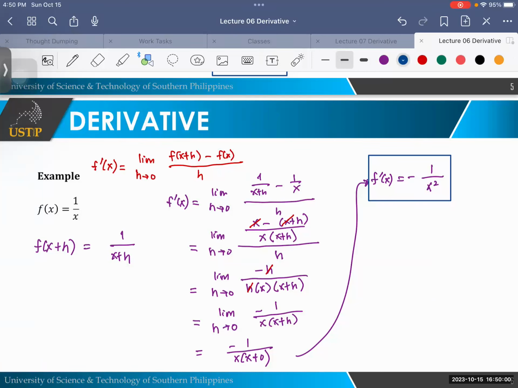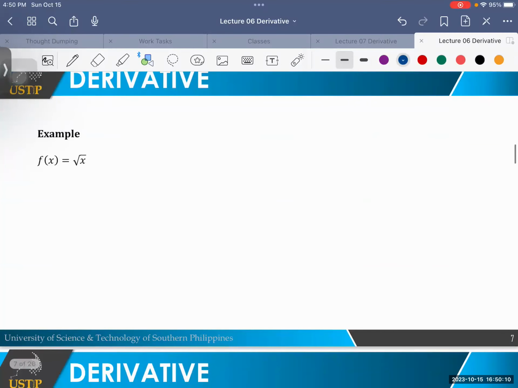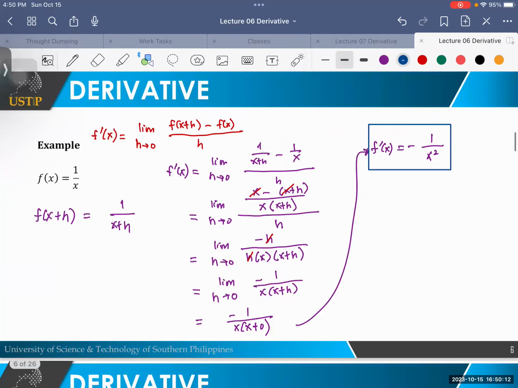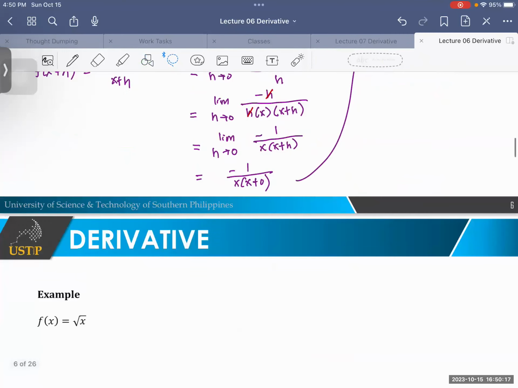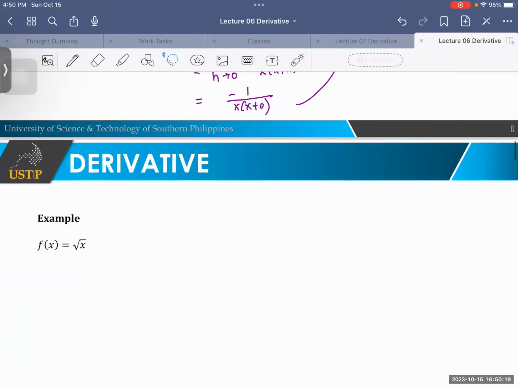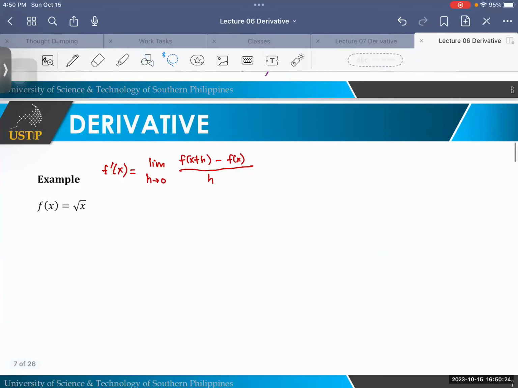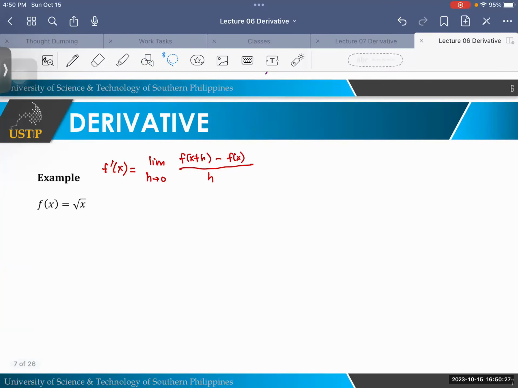Now let's go to the second to last example for limits before I introduce to you the shortcut in solving derivatives. Let f of x be equal to square root of x. You have to know how to solve this using limits because I will include this in the exam. How do you get the derivative using the limit definition?